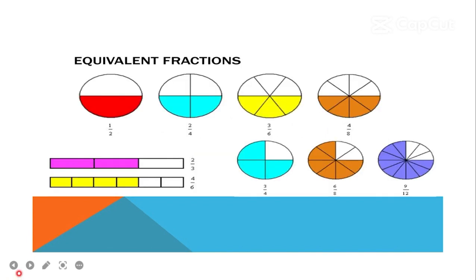So there are other examples of equivalent fractions. Please observe: 1/2, 2/4, 3/6, and 4/8 are also equivalent fractions. 2/3 and 4/6 are still equivalent fractions. 3/4, 6/8, and 9/12 are also equivalent fractions.